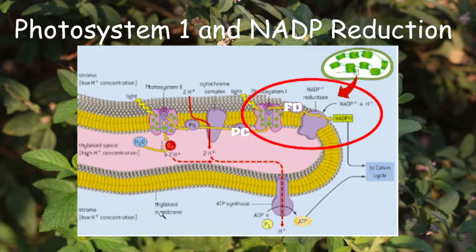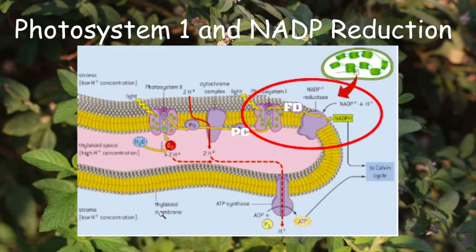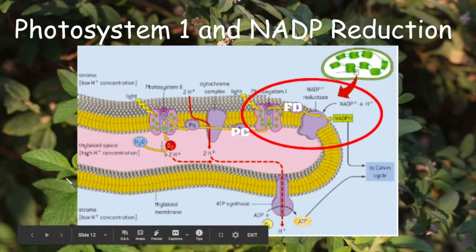Now time for photosystem 1. And this kind of goes hand in hand with NADP+ reduction. So I'll talk about them in a minute. So first, you got the plastocyanin from earlier that was transformed using the electron transport chain.